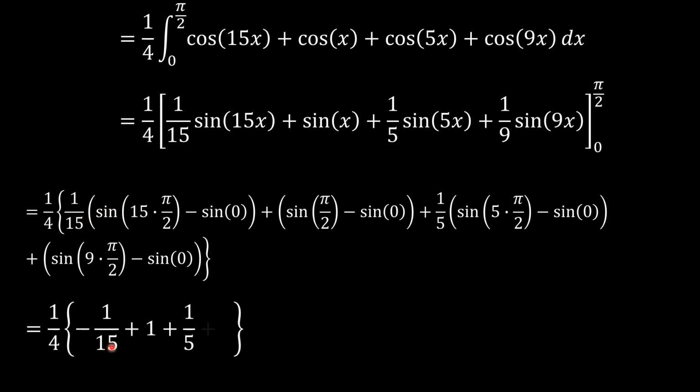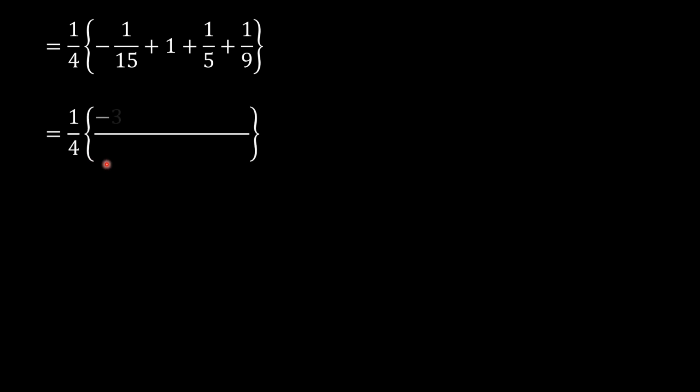So we have -1 over 15 plus 1 here plus 1 over 5 plus 1 over 9, times a quarter, obviously. So we have a quarter, the common denominator is going to be 45. 45 divided by 15 is going to be 3. 3 times -1 is -3. 45 divided by 1 times 1 is going to be 45. 45 divided by 5 is 9. 9 times 1 is 9. 45 divided by 9 is 5. 5 times 1 is 5.